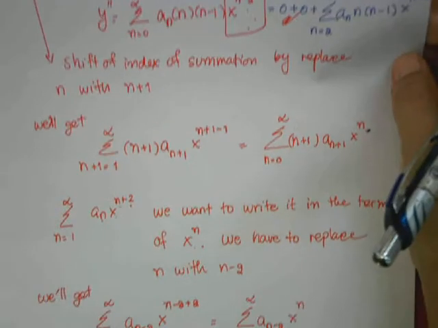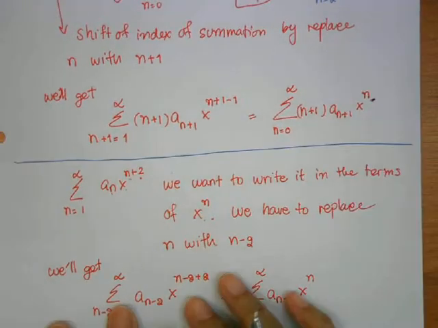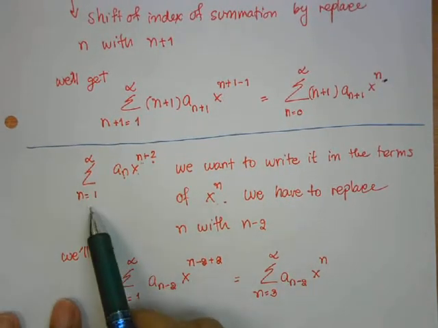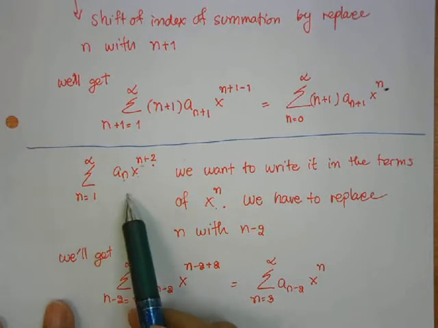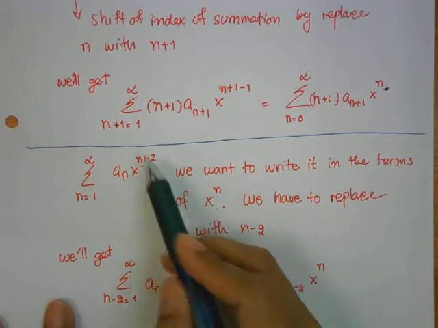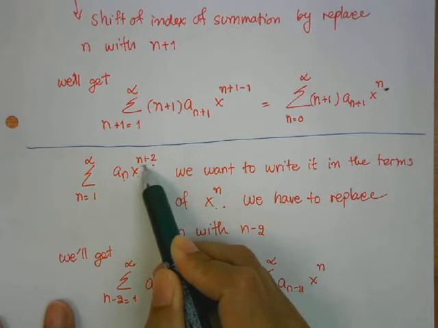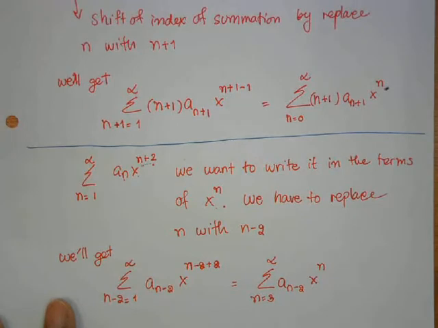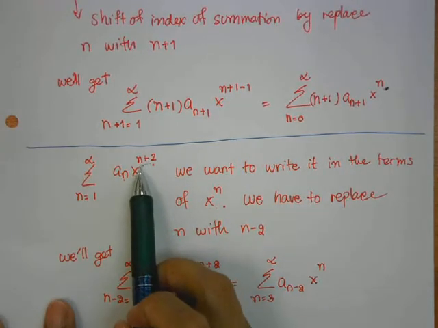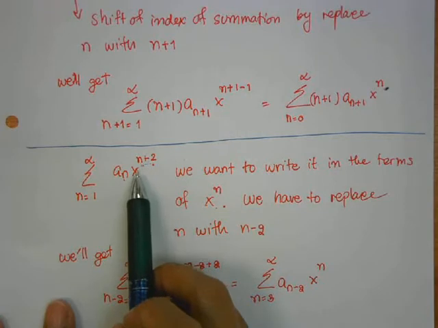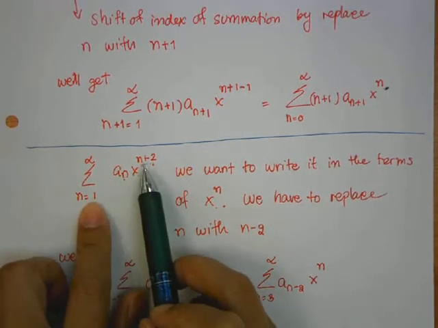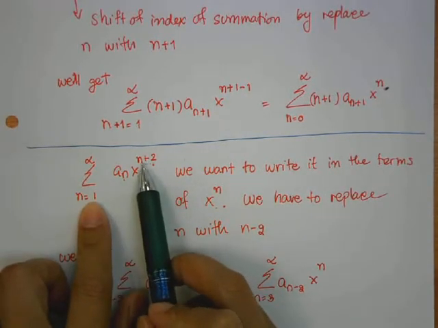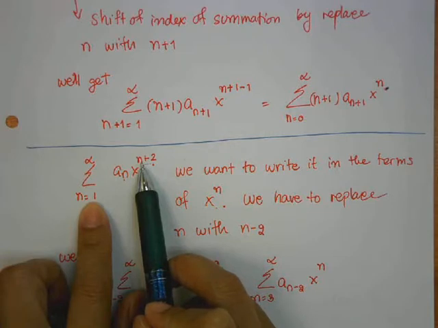Okay, now what if we have another term like this? Summation from n equal to 1 until infinity of a_n x to the power of n plus 2. We want to make this x to the power n plus 2 become x to the power n. If we want this term to be x to the power n, we have to replace n with n minus 2, right?